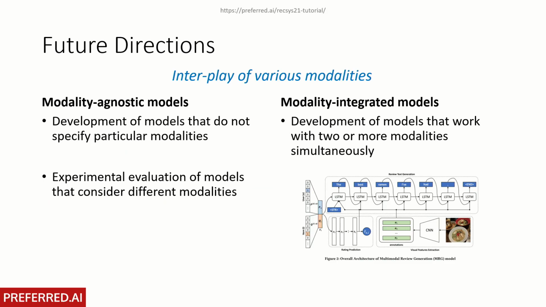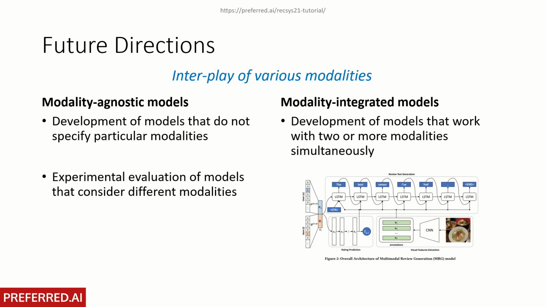And of course, as we have seen in this tutorial, different modalities can bring different types of information, and it's important to consider, for example, integrating multiple modalities together instead of using just text, image, graph or audio.